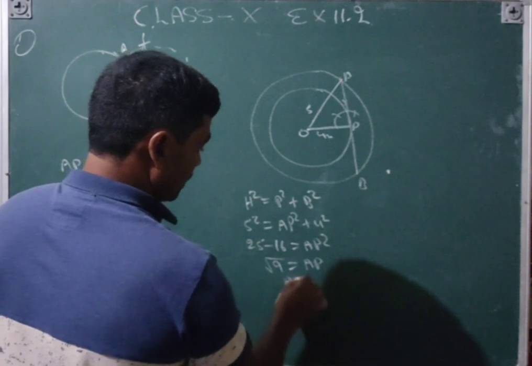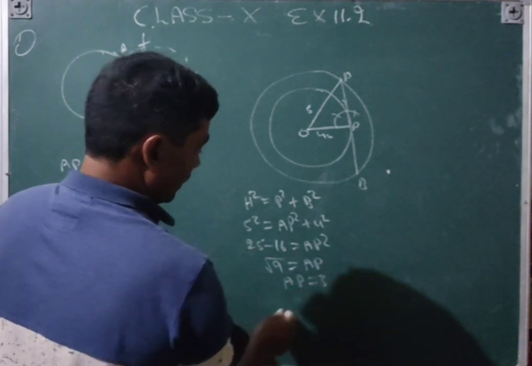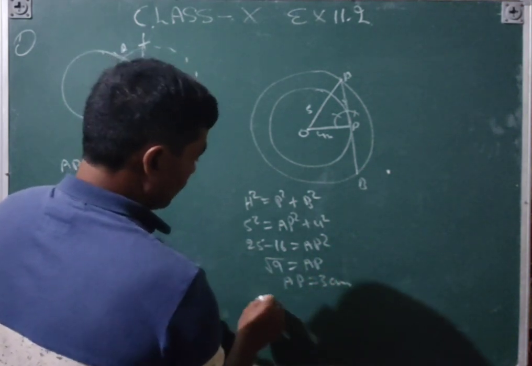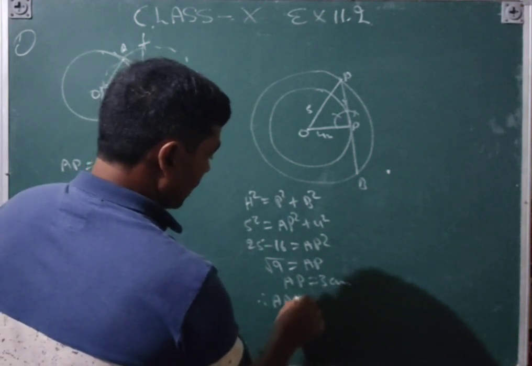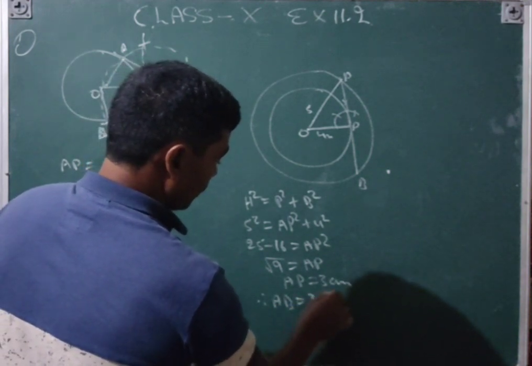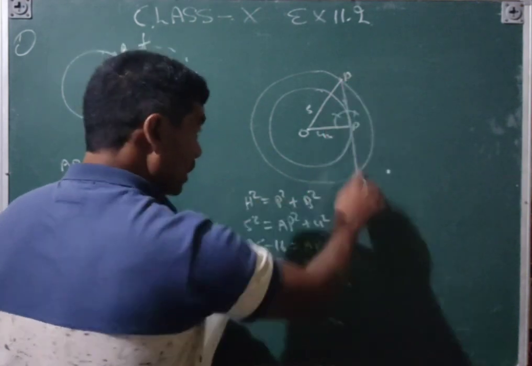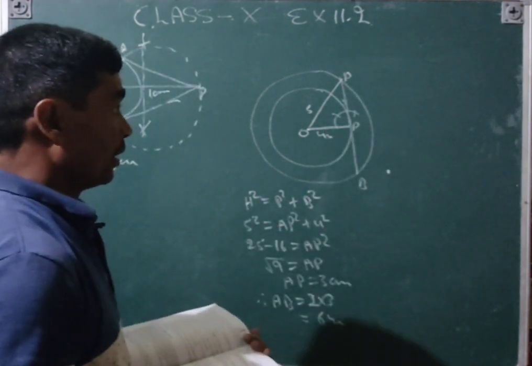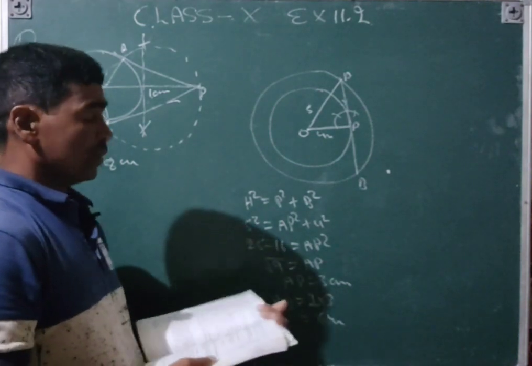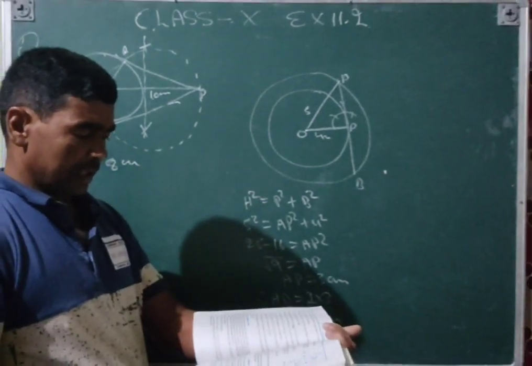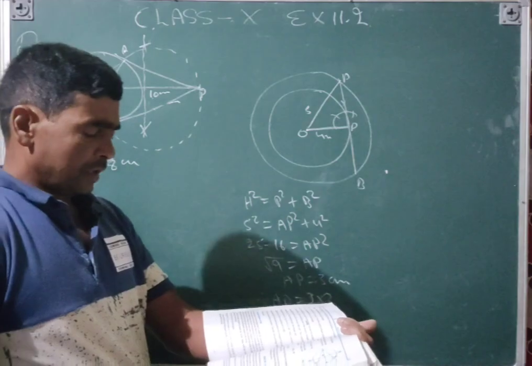So AP is equal to 3 centimeter. So AB is equal to double of that. 2 into 3, so that will be 6 centimeter. So the length of the tangent is equal to 6 centimeter. This is the actual calculation.